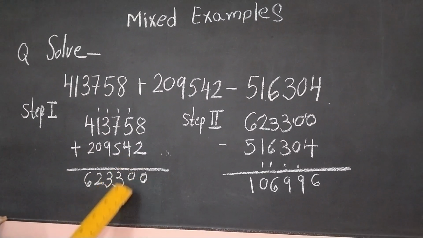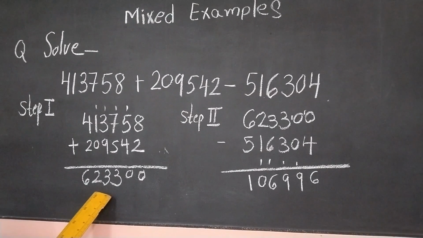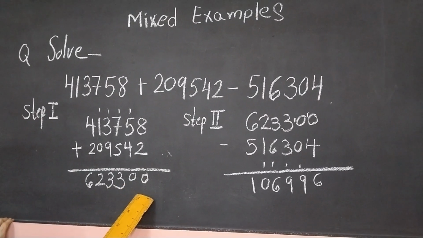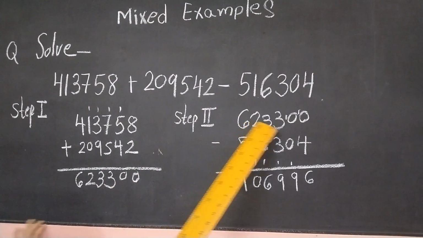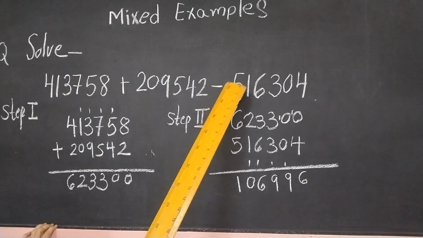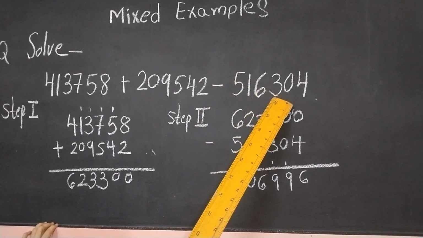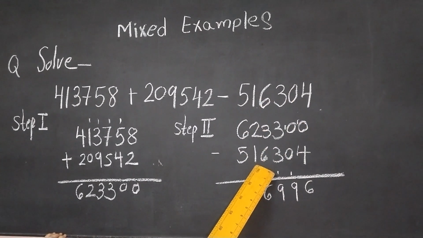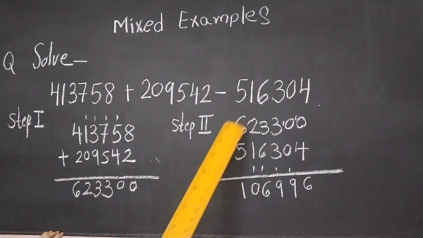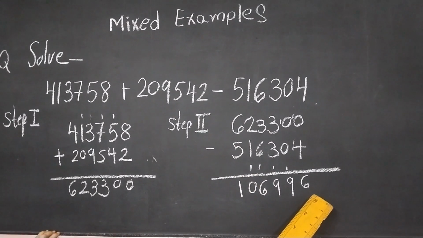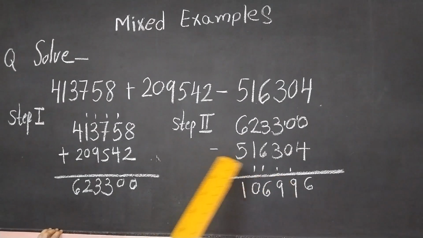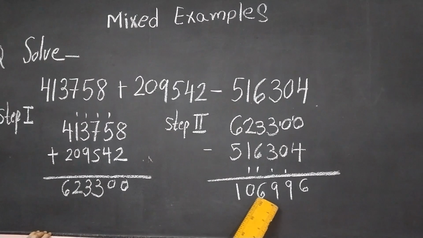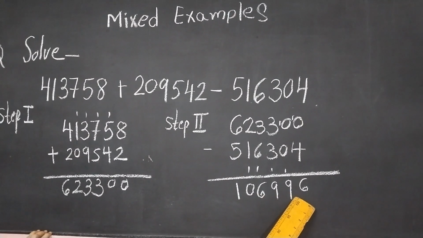Now, when we get the answer for the addition, from the same answer which we have written here, we have to subtract the given amount 516304, which we have written down. And the final answer after step 2 becomes 106,996.